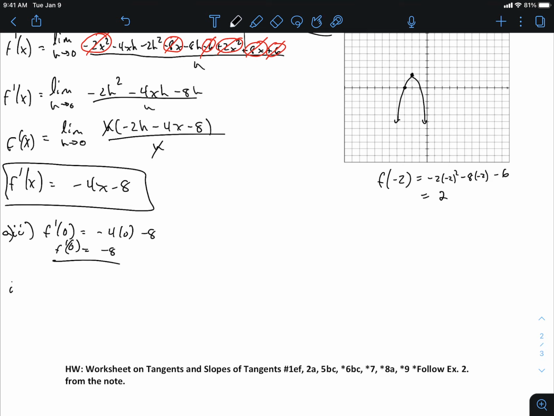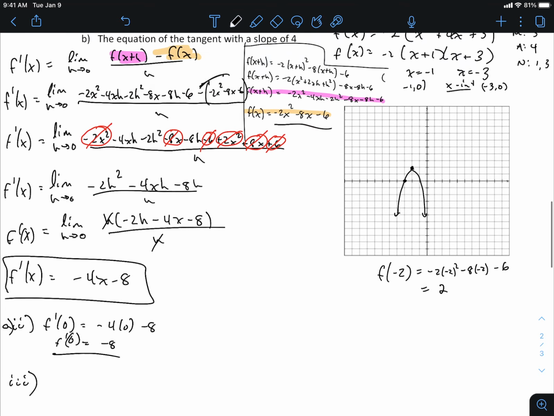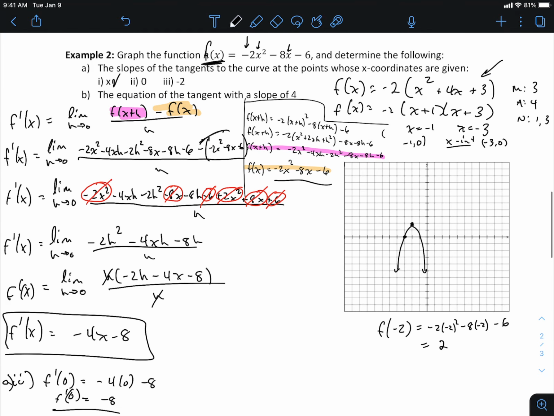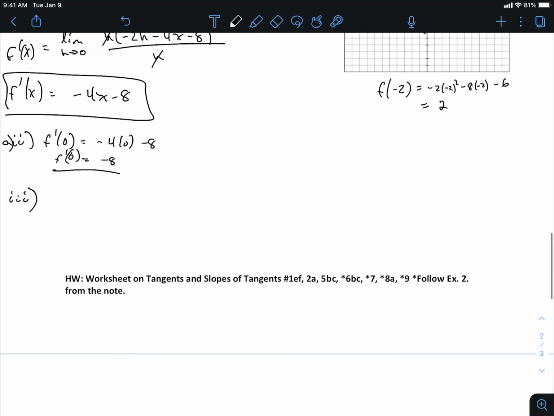Right? And if we do the same thing for part 3 here, we want to find what the value is at negative 2. Well, let's do that. f prime of negative 2 is equal to negative 4 times negative 2 minus 8.